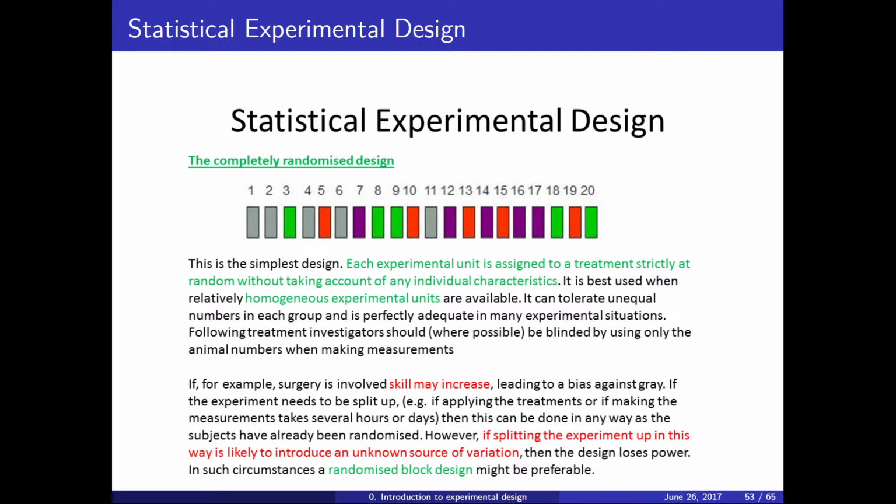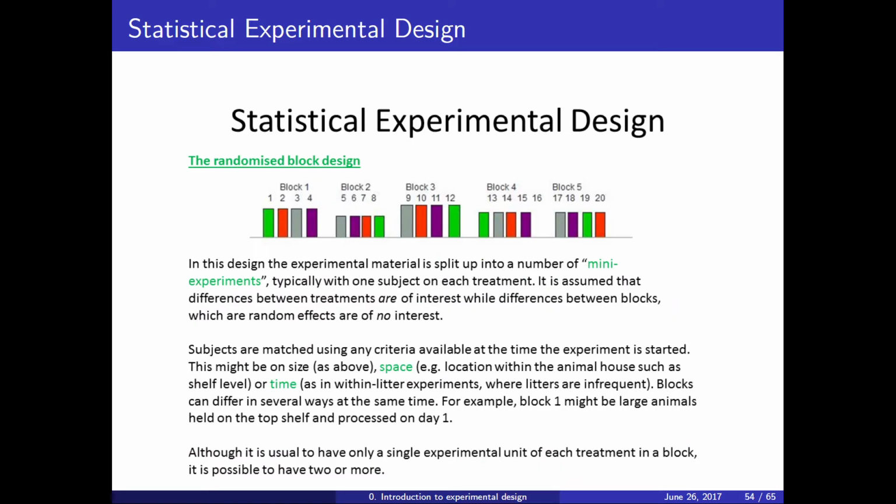So you may break this time dependence, and you may make blocks. Within block 1 you will apply the 4 treatments at random, and then you have time block 2, and again at random, and so on. If your skill is improving, then you will wash out this difference by applying all treatments in all blocks.